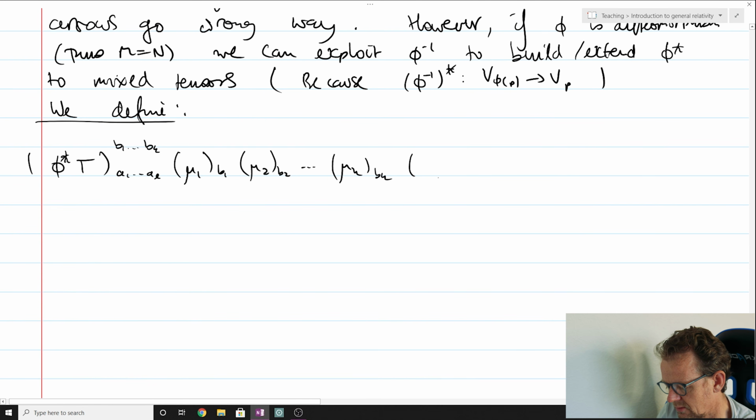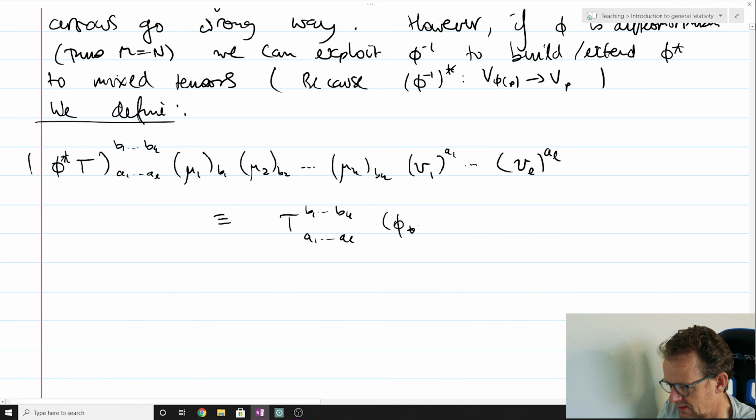May as well put V's here. So we take these actions of phi star on the individual dual vectors and vectors, and we apply them to the inverses now of phi also in order to get a map that goes the correct way.